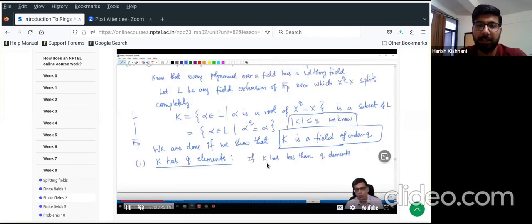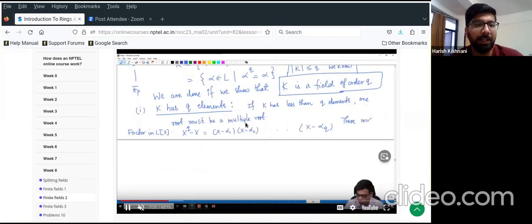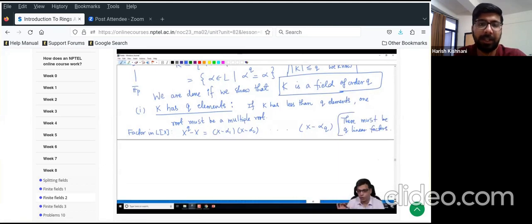Then in the first part, he will show that K has Q many elements. For that, he supposes that K has less than Q elements, then one root must be a multiple root, because the polynomial x^q minus x has q many roots and K is the collection of all roots of that polynomial. So if K has less than Q roots, at least one root is a multiple root.